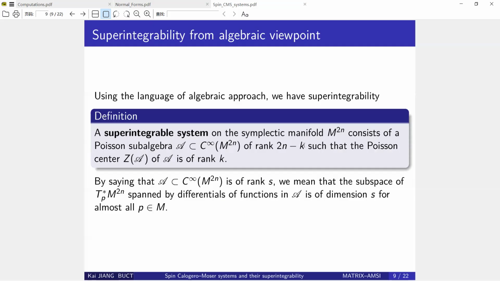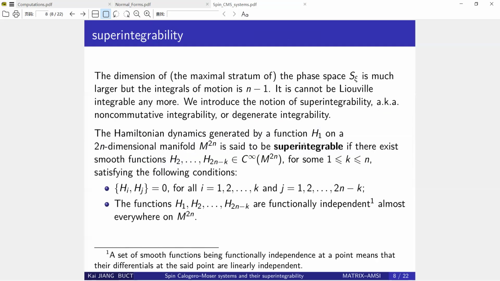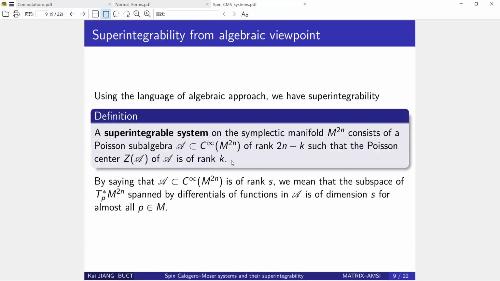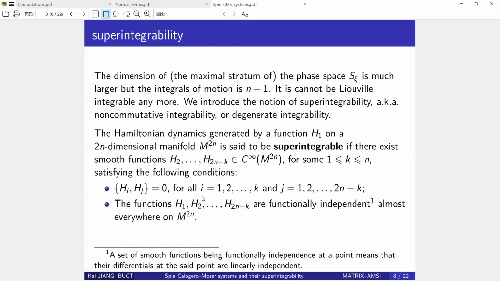As before, it is generated by H_1, H_2, H_3 till H_{2n-k}. And we still have its Poisson center, Z_A. This Z_A is of rank k. Its center is generated by the first k functions of this algebra.